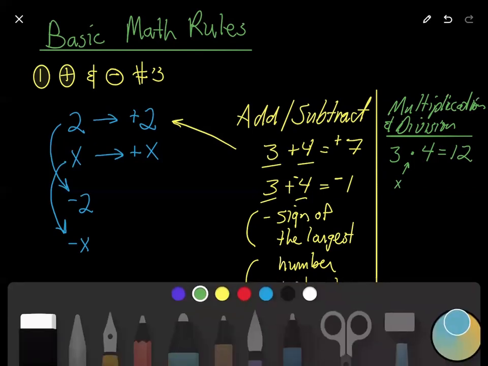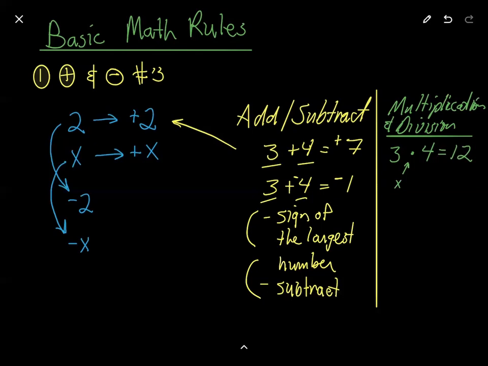It's the same thing with negatives. A negative 3 times a negative 4 is also a positive 12. So a positive times a positive is a positive, and a negative times a negative is a positive.